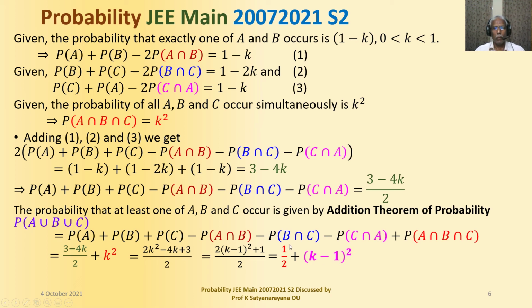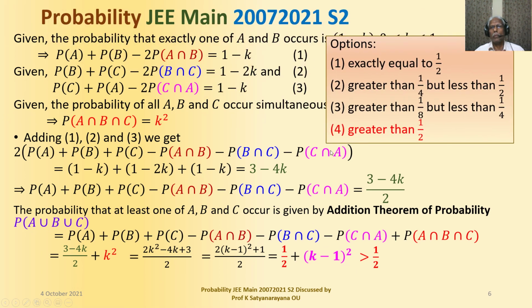So therefore 1 by 2 plus (k minus 1) whole square will certainly be greater than 1 by 2. So the probability that at least one of A, B, and C occurs is greater than 1 by 2. Among the options, our answer, greater than 1 by 2, appears against option 4. The answer is option 4.